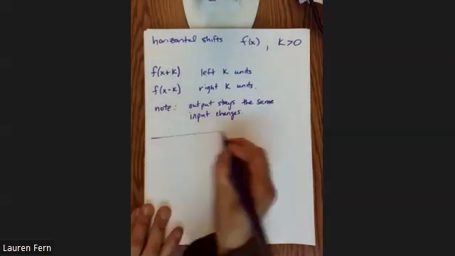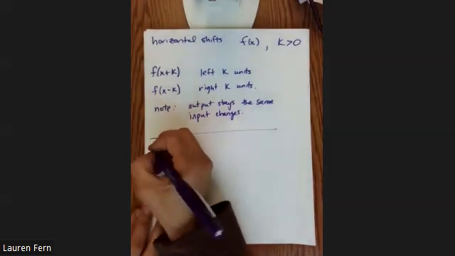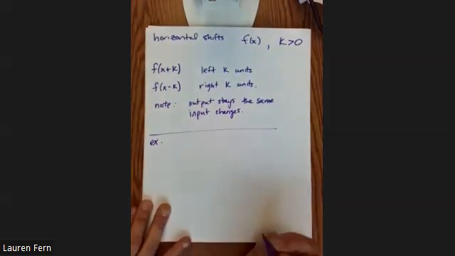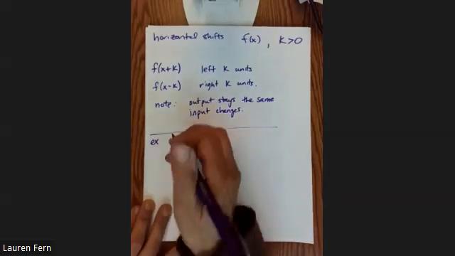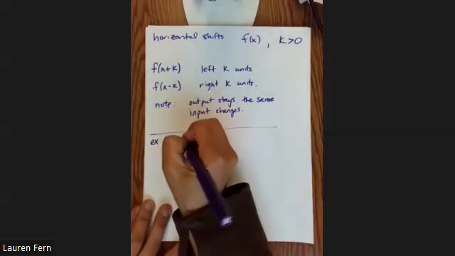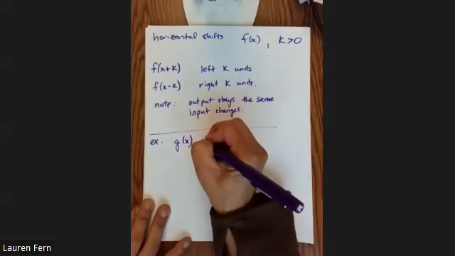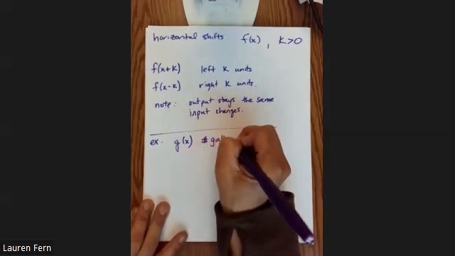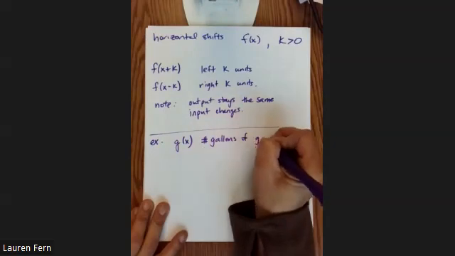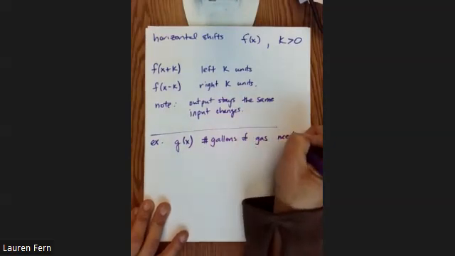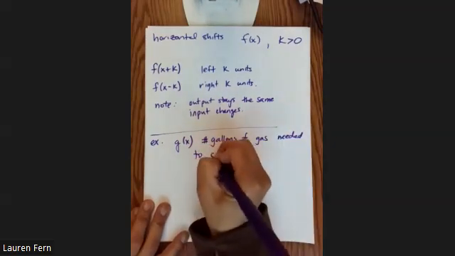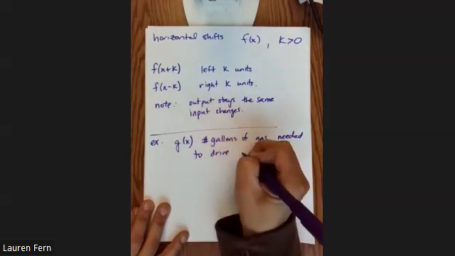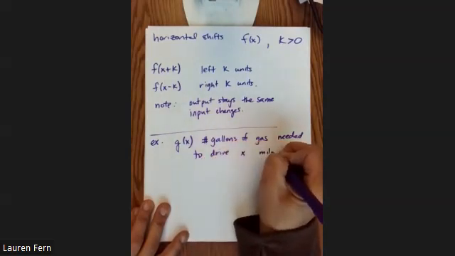All right. So let me take a quote unquote real world example. Suppose g of x is a function, and what it stands for is the number of gallons of gas needed to drive x miles.